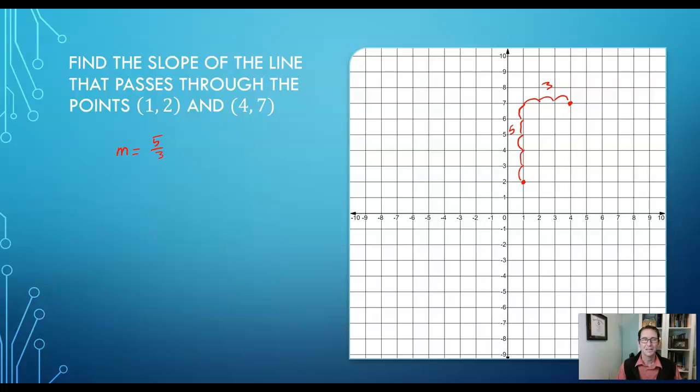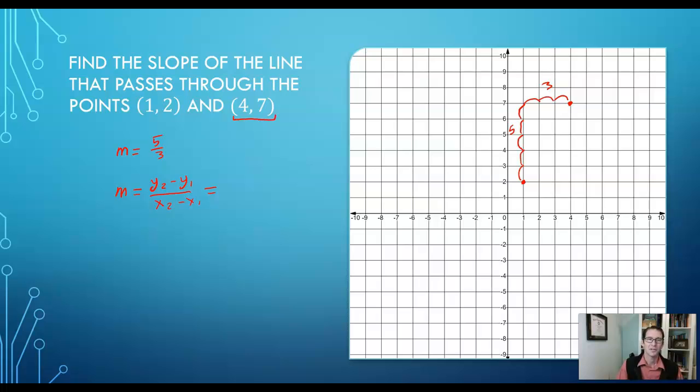Now let's do this with our formula. The slope, as we know, is given to us as y2 minus y1 over x2 minus x1. So let's use these points here instead of writing the coordinates on the graph again.